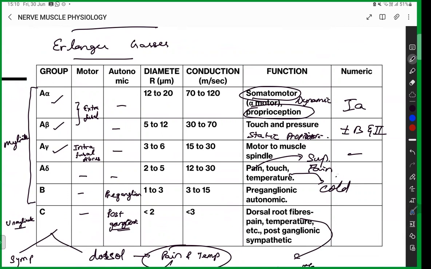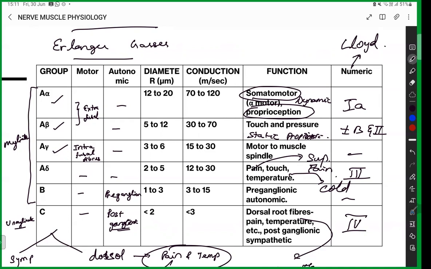A delta is considered as 3, and B is not considered. C is considered as 4. This is the classification coined as the numeric classification. Who coined it? It is coined by Lloyd. Numeric classification is the Lloyd classification.